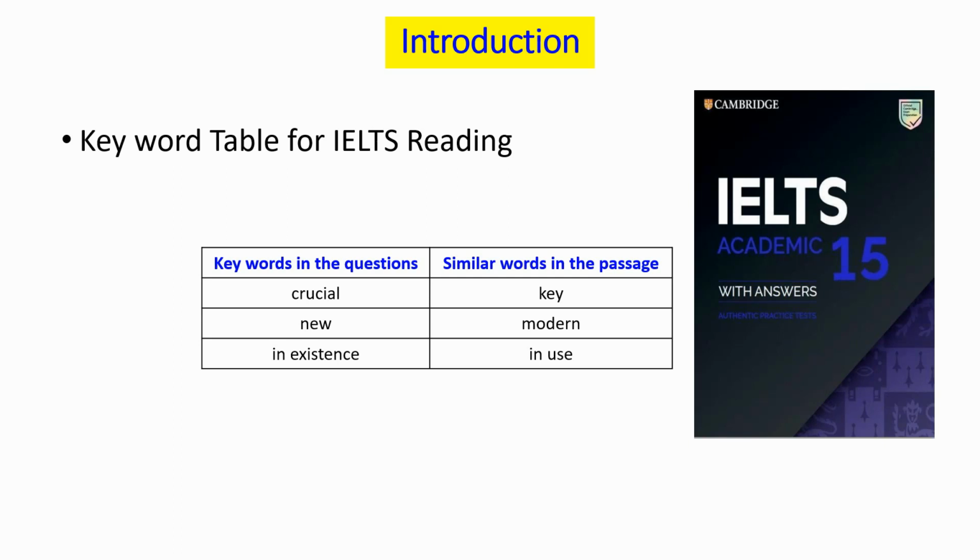For example, we can see crucial in the question and key in the passage, new, modern, in existence, in use. This is what we call paraphrasing, which is not only used in IELTS reading but also in IELTS listening, and you're going to use it in your IELTS speaking and writing as well.